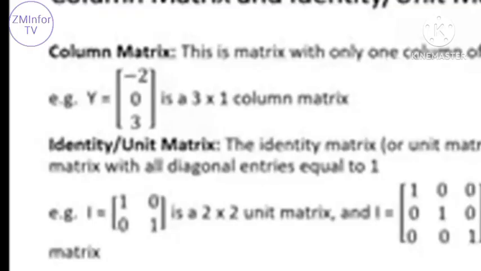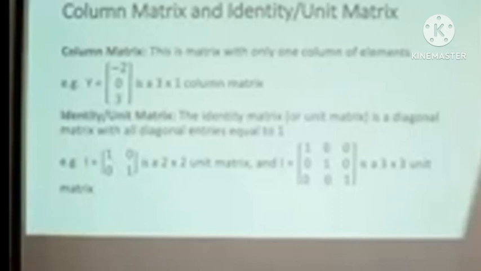Lastly is the identity or unit metric. Other textbooks call it identity metric. That identity metric is denoted by capital letter I. So in example, the first one, I, which is identity metric, equals 1, 0, 0, 1. If you observe this metric, the diagonal entries are 1.